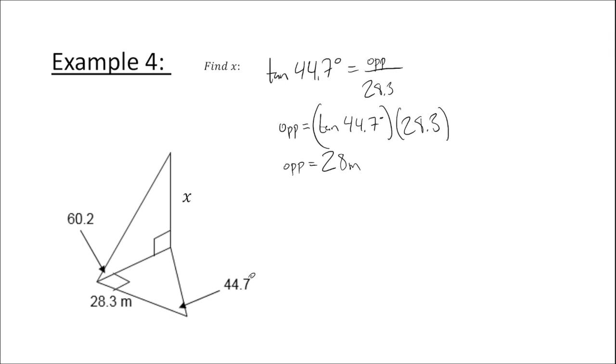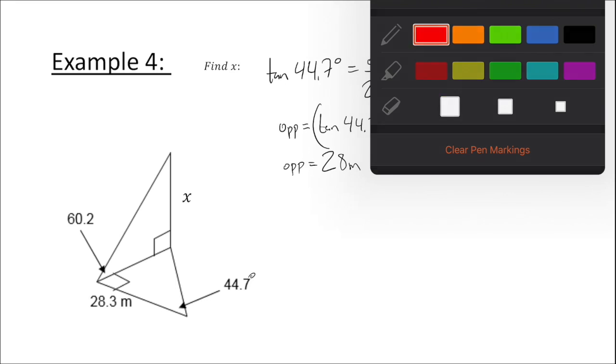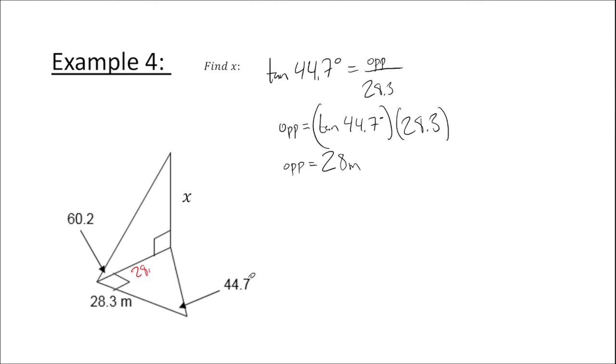Okay. So we know that this equals 28 meters. We have this angle. In reference to it, this side is adjacent, and this side is opposite. So we can use our tan.